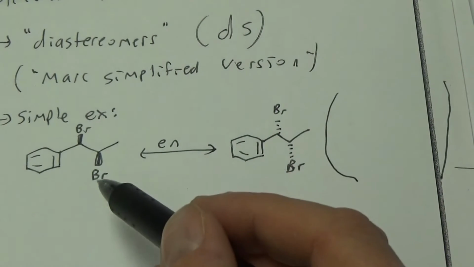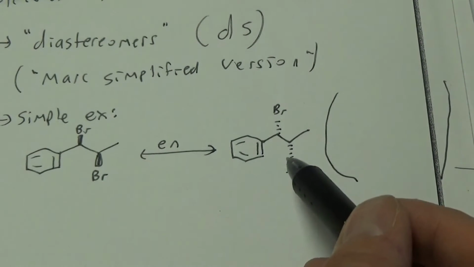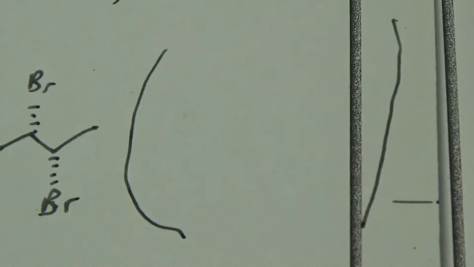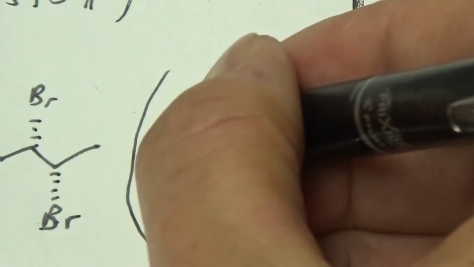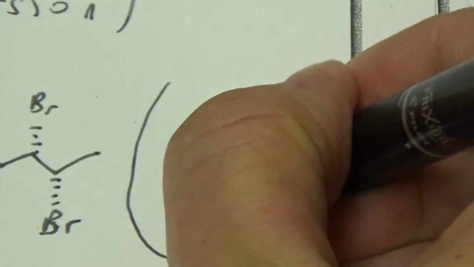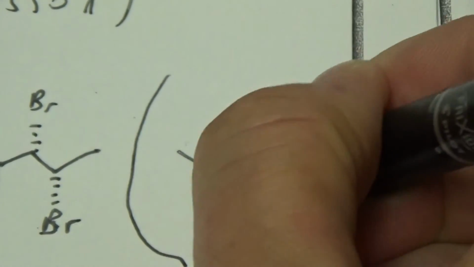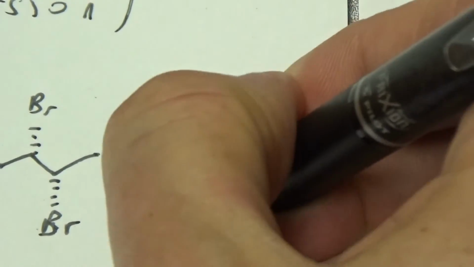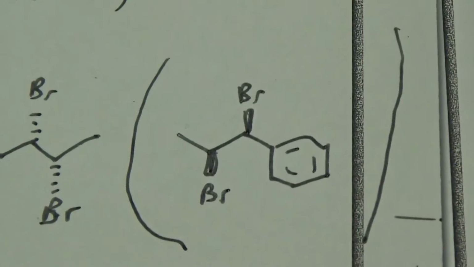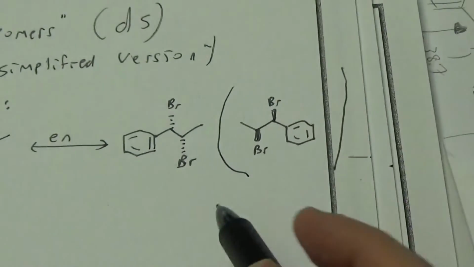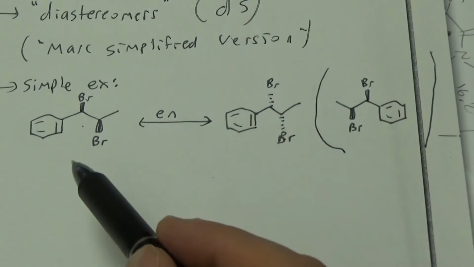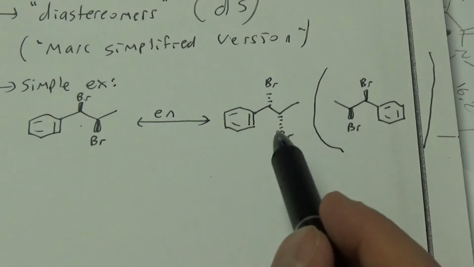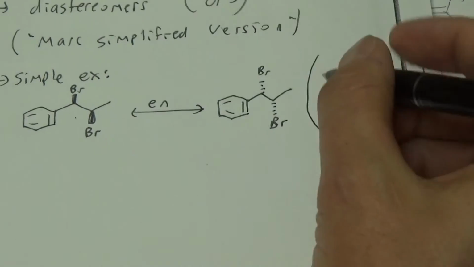You can't necessarily see that they're mirror images here, but there's the other way we can draw these that shows them to be mirror images, maybe a little better, and that would look like that. So, of course, now you can see the mirror image relationship of this molecule to that molecule, and these are enantiomers. These are the same molecule, just drawn from different representations.